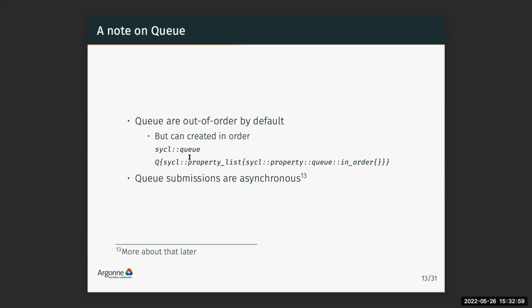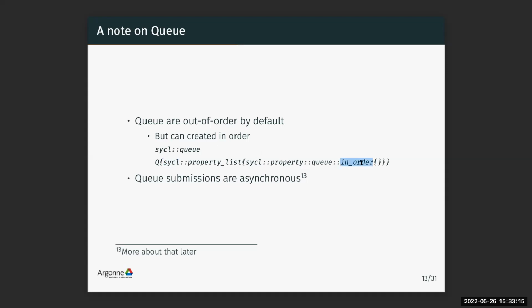Because they are out of order, the scheduler can do whatever it wants. They can maximize occupancy, concurrency, all this kind of thing. But if you want, you can create a property list and create it in order.